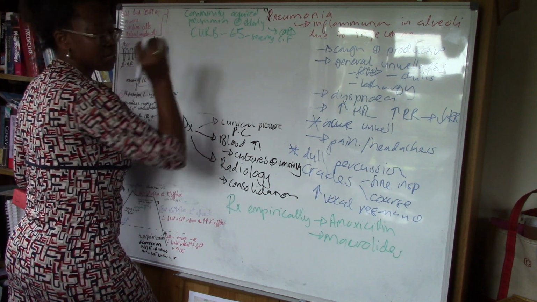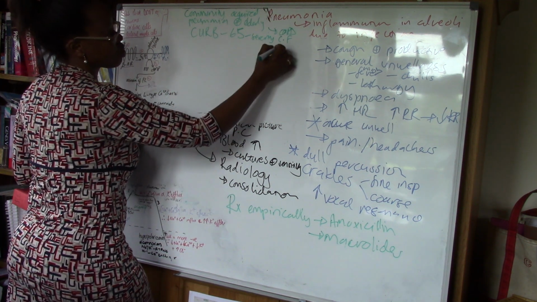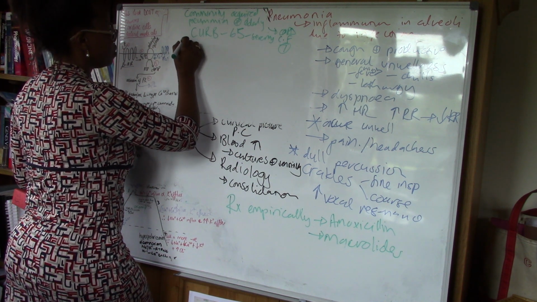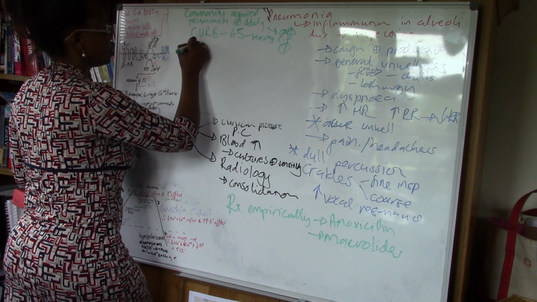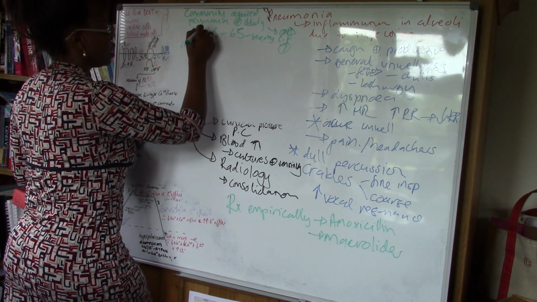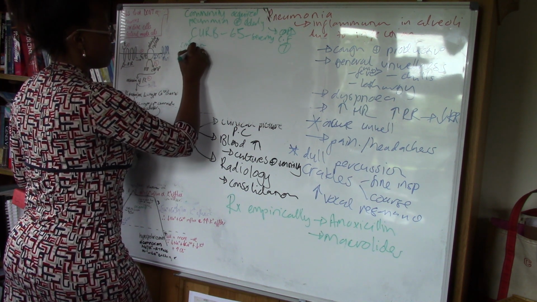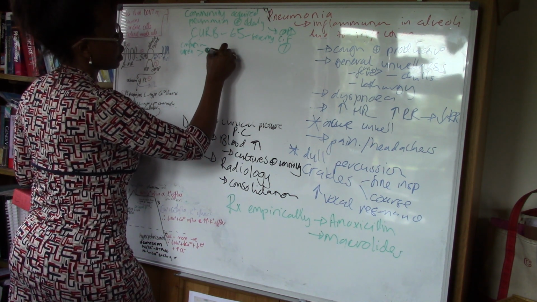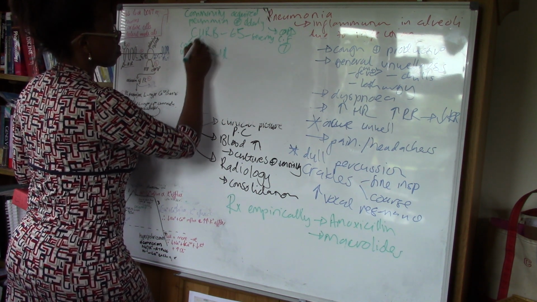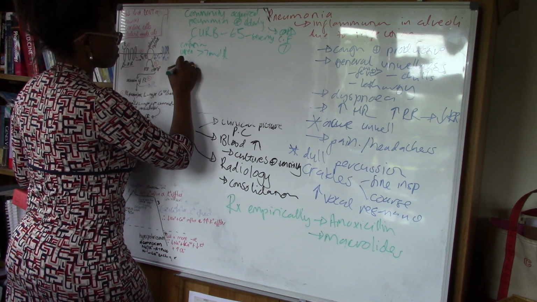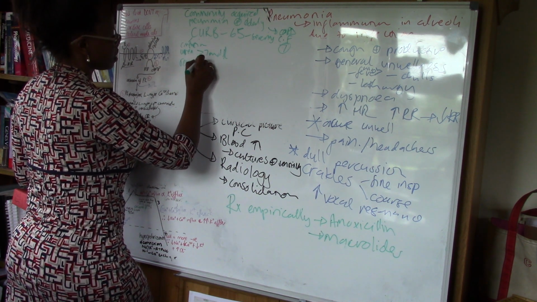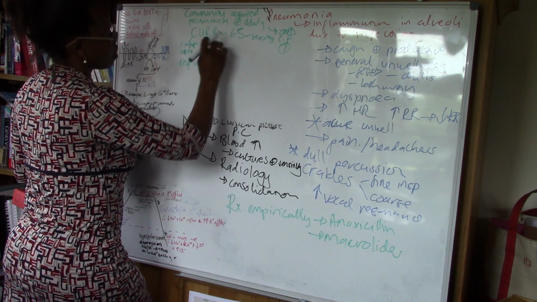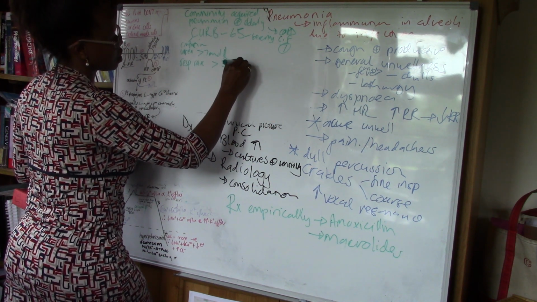And what it does is it gives a score out of 7, and it measures confusion, urea levels, if urea is more than 7 millimoles per liter, then respiratory rate, if it's more than 30 breaths per minute.